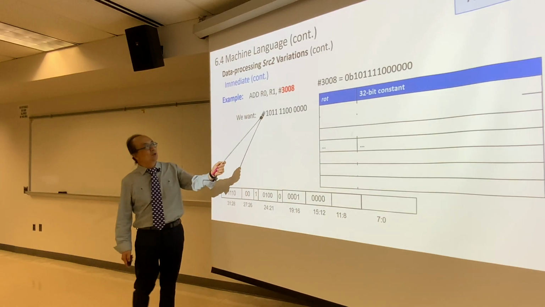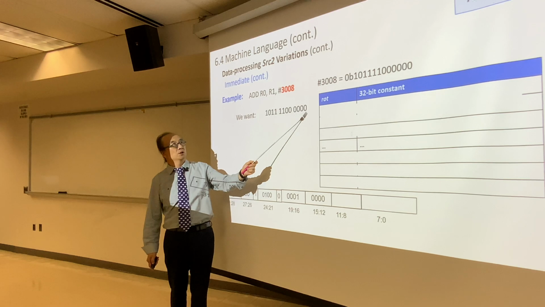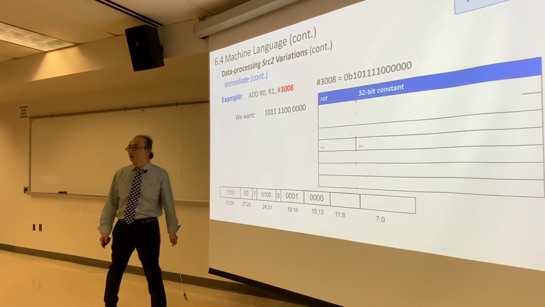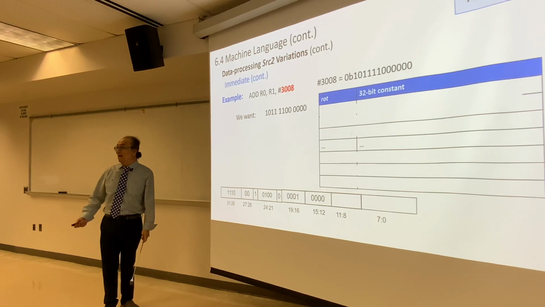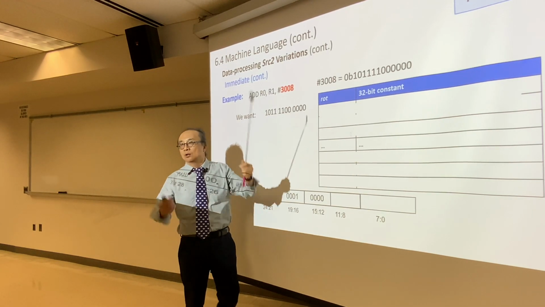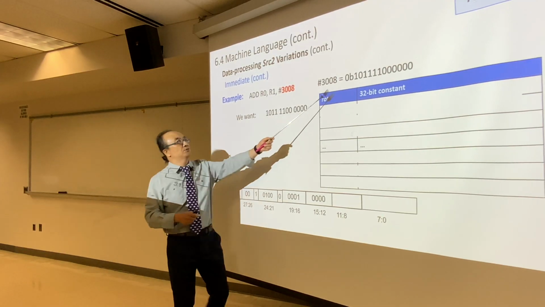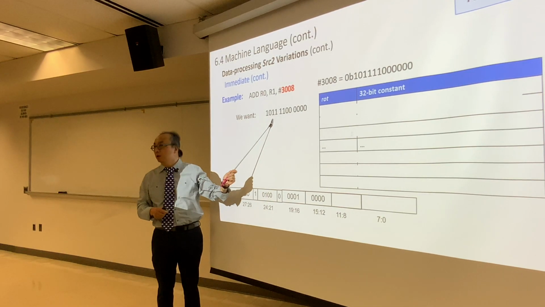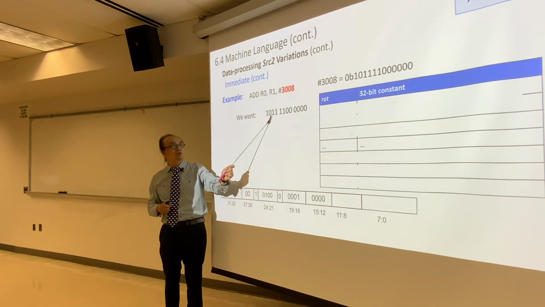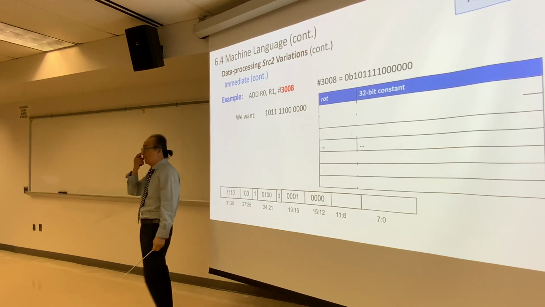So we want 1011 11000000, and I use 0b, again just like 0x. 0x is hex, 0b is a binary notation, or you can use parentheses and then subscript 2. So this is 3008. I put it in here 4 binary bits at a time: 1011 1100 0000. That's what we want.